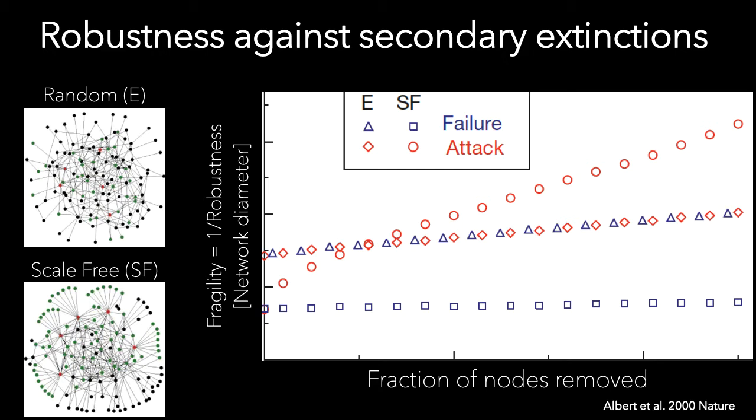The robustness is very low against targeted attack. Indeed, as we can see in the red circles, the higher the fraction of nodes that we remove, the steeper is the loss of species due to secondary extinction. And this indicates that these types of networks are highly fragile to targeted extinction, and in particular much more than what we would expect by chance or by a random structure of the network.